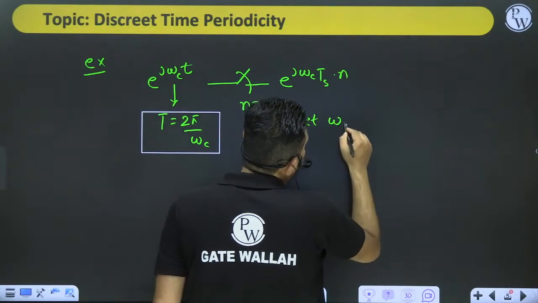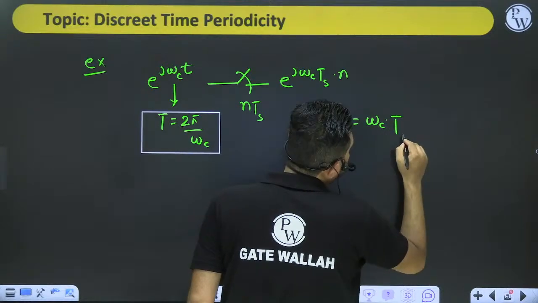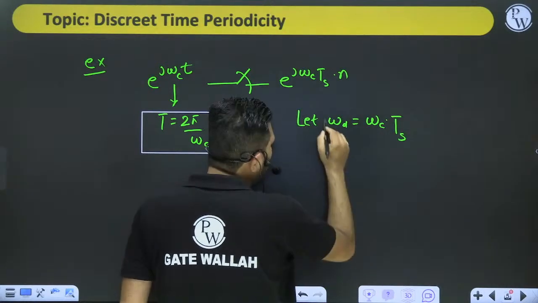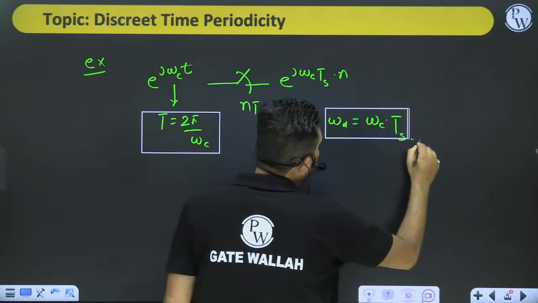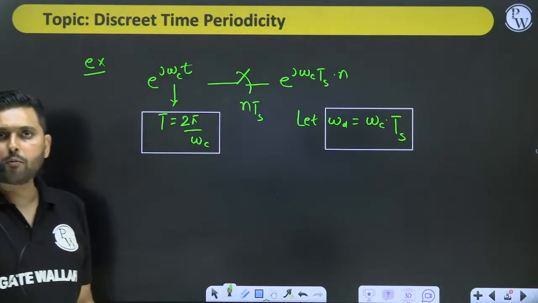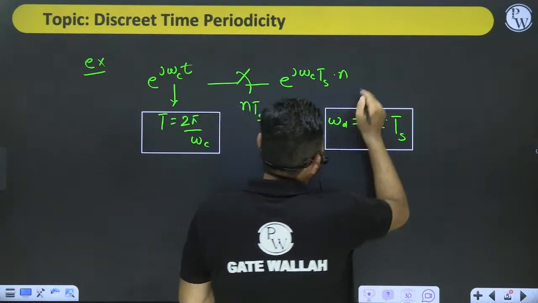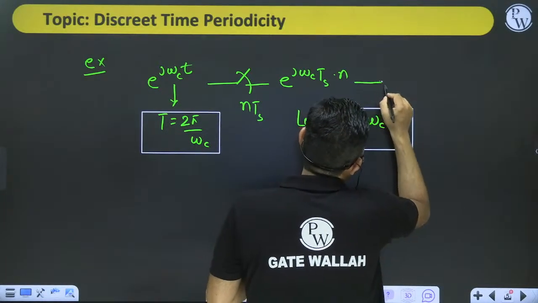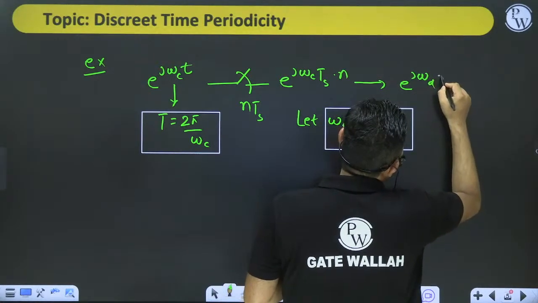Assume omega d to be equal to omega c times Ts. This is one of the very important assumptions. Then this can be written as e to the power j omega d times n.